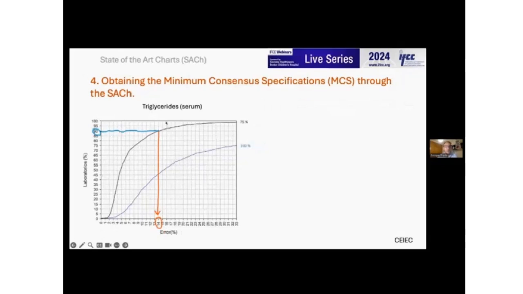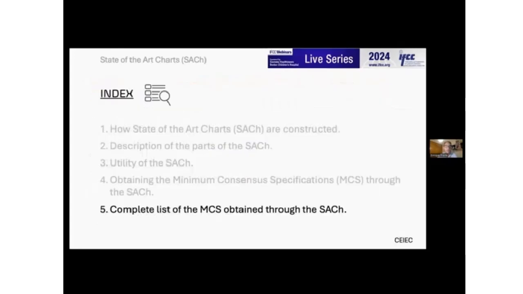Therefore, as we have the state-of-the-art graphs for all measures, because we have the data thanks to the intercomparison programs, we can have a complete list of minimum consensus specifications. This is published in the Laboratory Medicine Journal, a Spanish language journal published by the Spanish Association of Medical Biopathology and Laboratory Medicine, and the Spanish Clinical Laboratory Association.